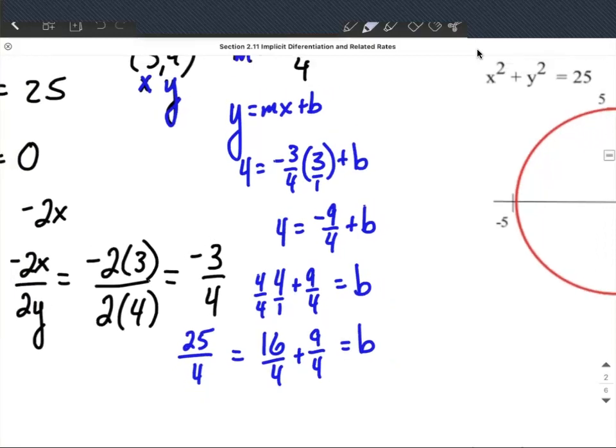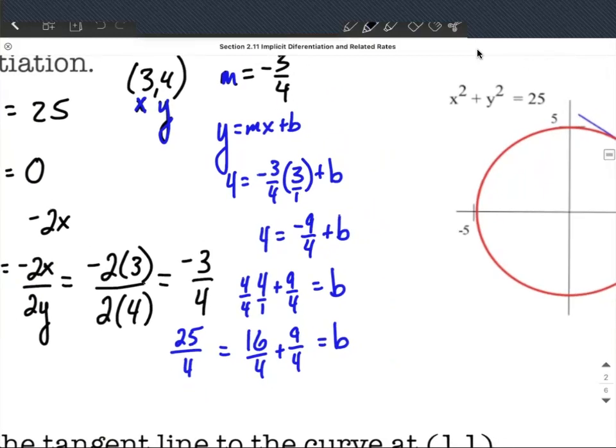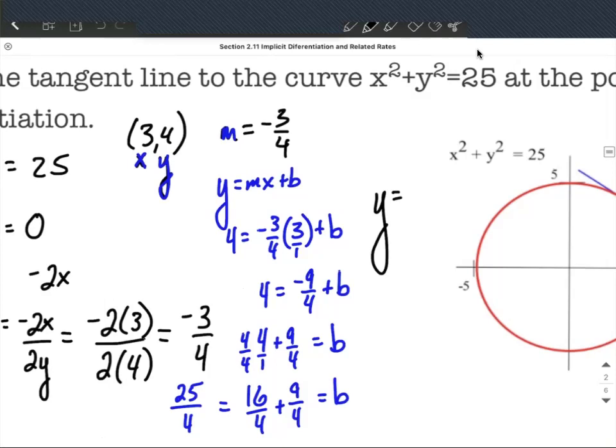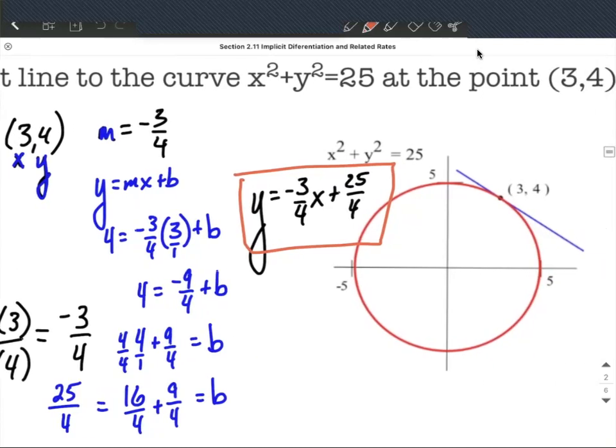So we now have our b. Let's put it all together. The equation of our tangent line is y equals negative 3/4 x plus 25/4. Final answer, that is the equation of our tangent line to this graph at that point.